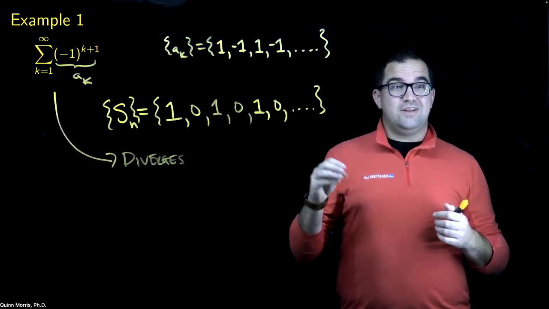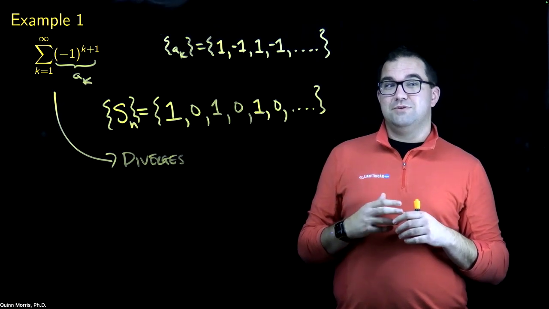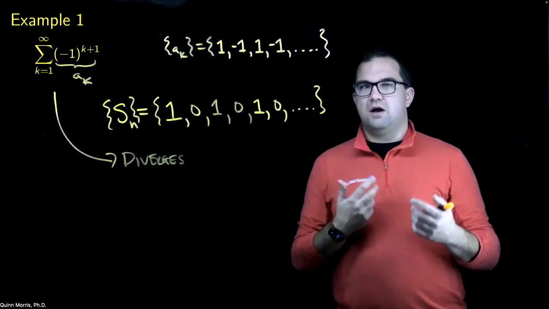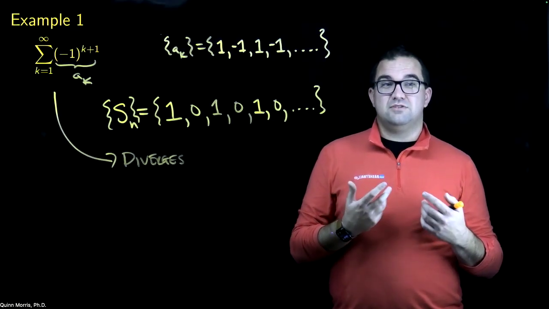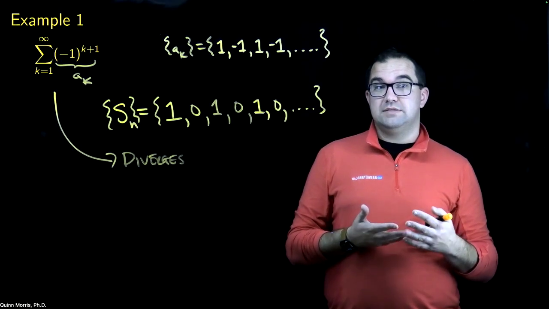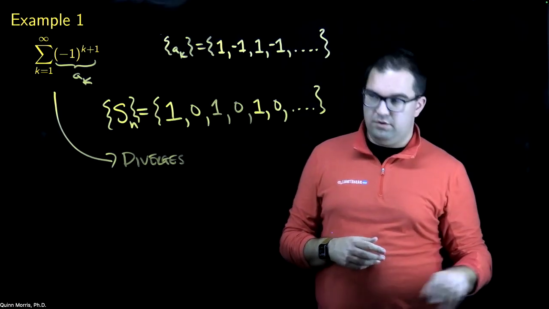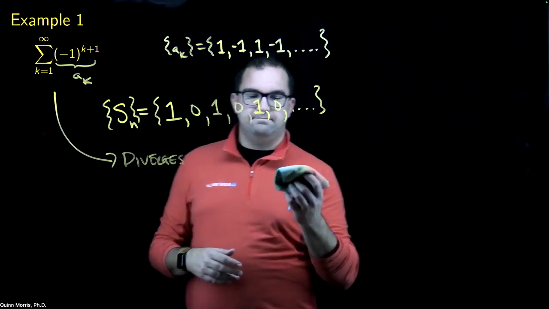Now, what we'll see later on is that there's a very special class of infinite series where you can apply things like associativity and commutativity, and there are some series that have really nice properties. But not all series have those, so we have to be careful about how we apply that.